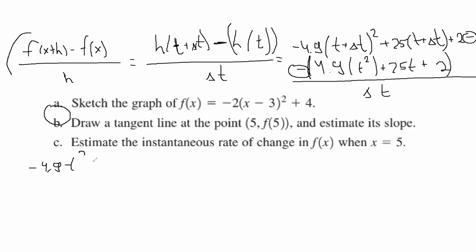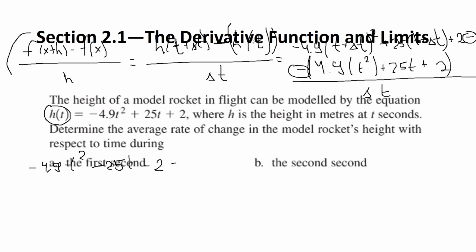4.9 t square plus 25 minus 25t, minus 25t minus 2. Sorry, I'm gonna move it a little bit lower. Minus 4.9 times.